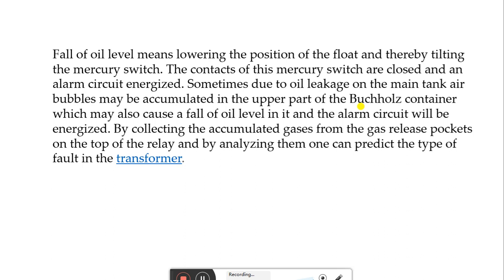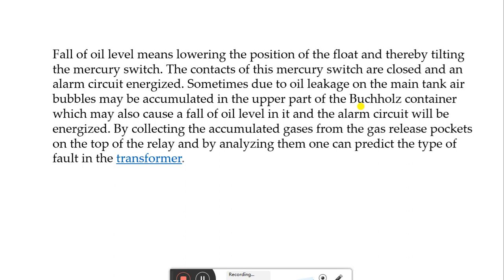This fall of oil level means lowering the position of the float. What is the float? That is the mercury switch float, and thereby the mercury switch is tilted. The contacts of this mercury switch are closed and the alarm circuit is energized.